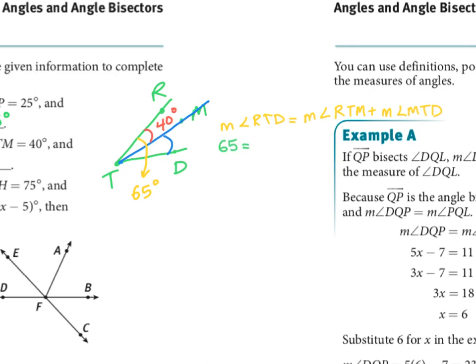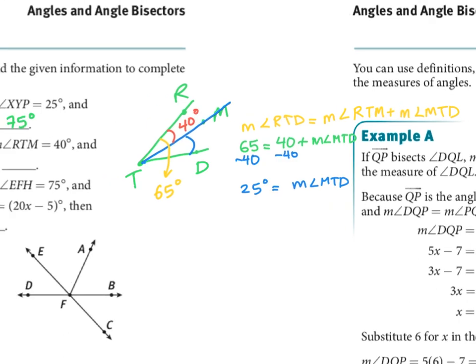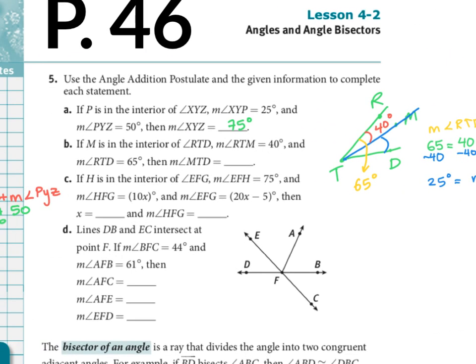RTM is given to be 40. And measurement of angle MTD is what's missing, and I need to find that. So what I need to do is subtract 40 from both sides, and I can find the measurement of angle MTD to be equal to 65 minus 40, and that is 25 degrees. So we can use the angle addition postulate to find parts if the whole is given.